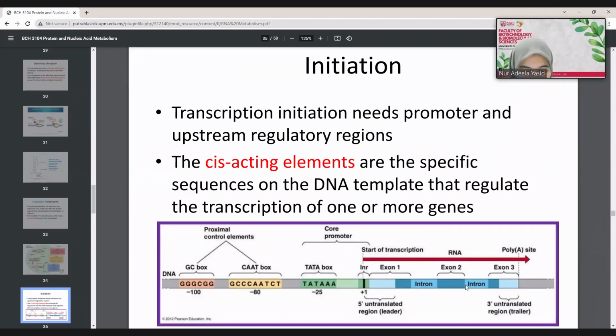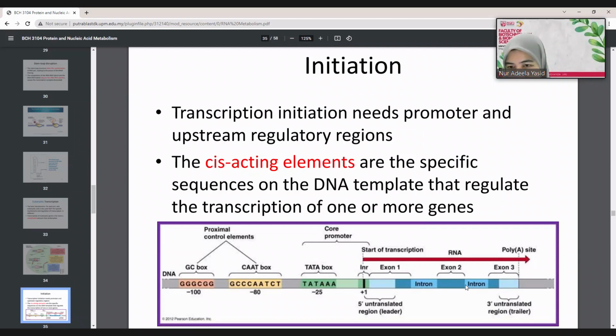In general, transcription initiation needs a promoter and upstream regulatory regions. We need a promoter, you already know what a promoter is, and also upstream regulatory regions. We need this -35 region and the -10 region. So that's what is meant by upstream regulatory region.